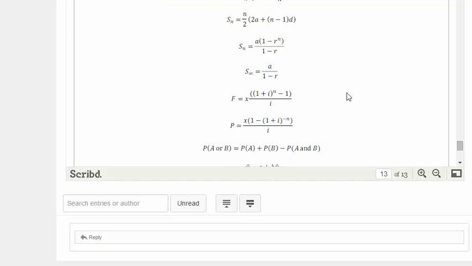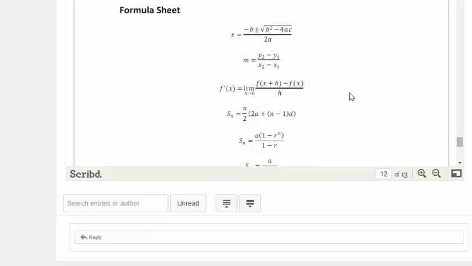The reason why is because if I know a formula off by heart, I can recognize it in a problem. But if I have to go to a formula sheet, for example, the present value of an annuity, I get to the question and I know now I have to use a present value of an annuity.